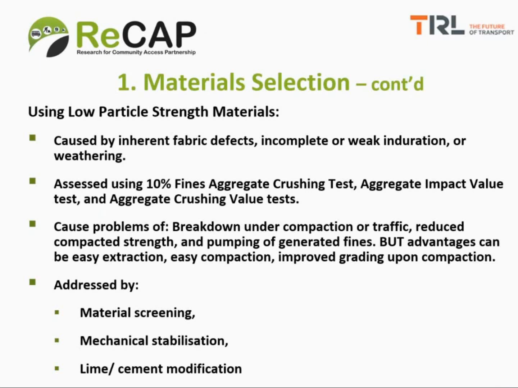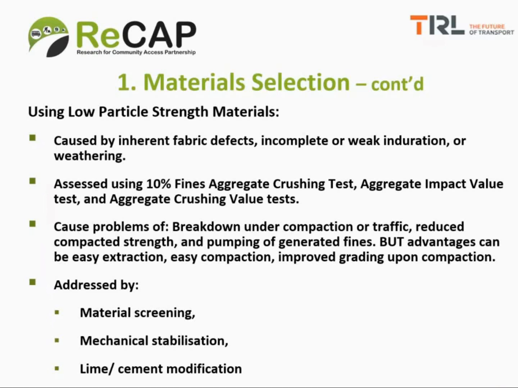Now, they can also be caused by incomplete or weak induration for pedogenic materials, or by weathering in situ. Now, particle strength is assessed by a variety of tests, common ones being the 10% fines aggregate crushing test, the aggregate impact value test, and the aggregate crushing value test.